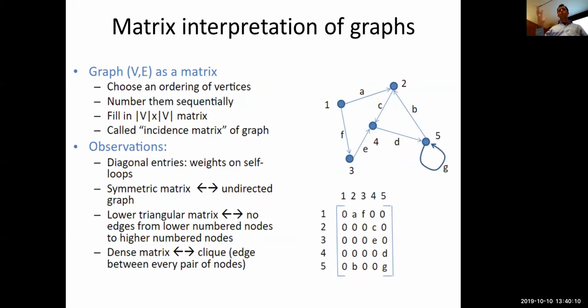Okay? So there's a one-to-one relationship between a graph as an information flow operation and the matrix as a multiplicator operation that carries out exactly that information flow.